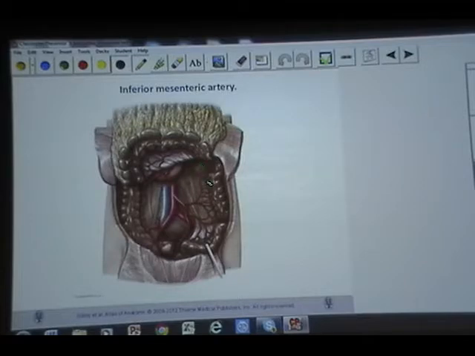So this is the marginal artery of Drummond that's interconnecting inferior mesenteric and superior mesenteric.